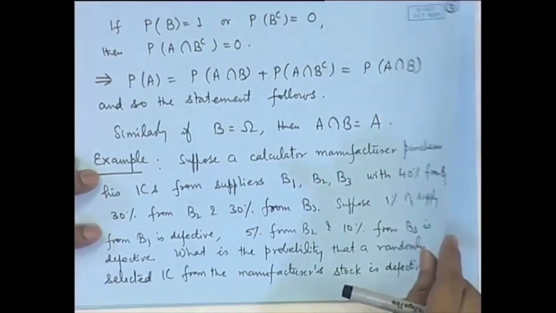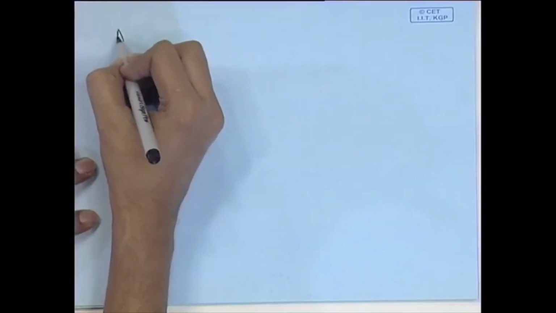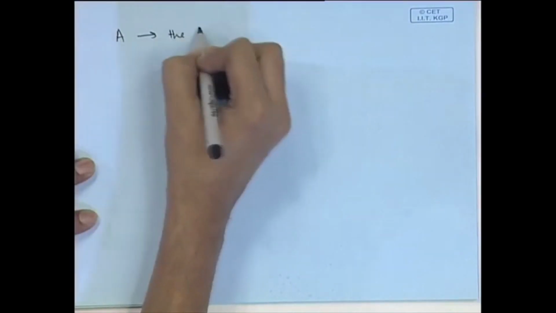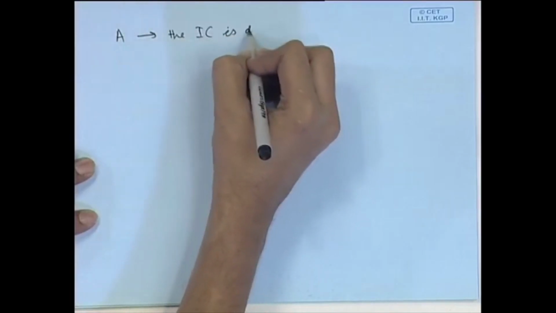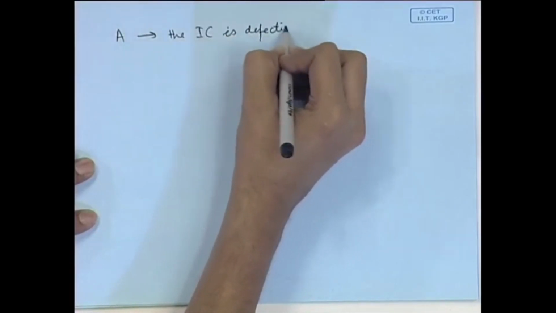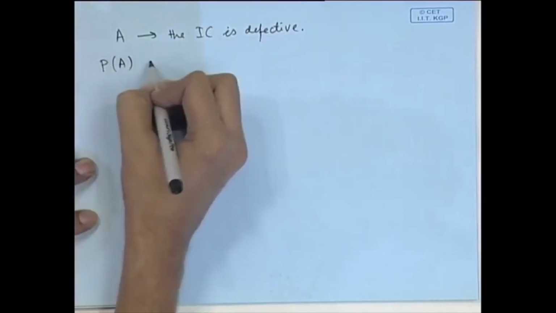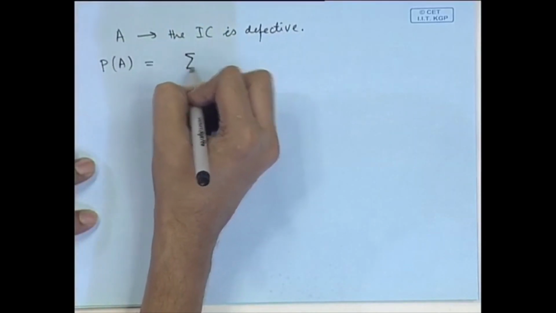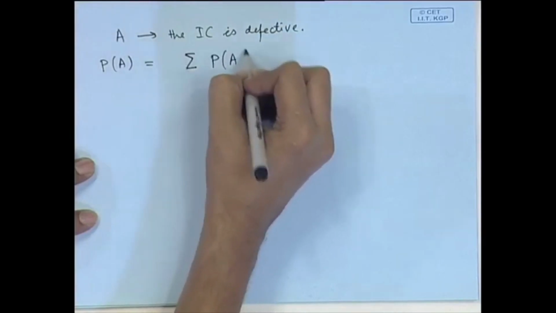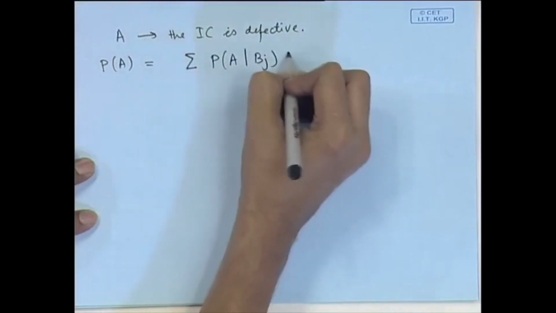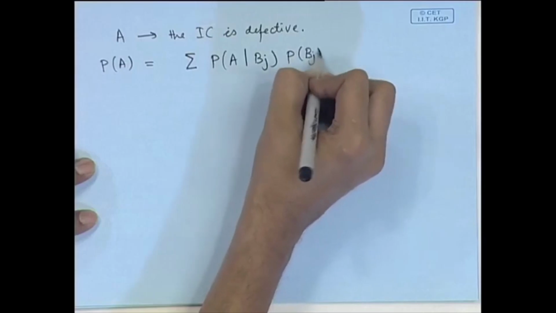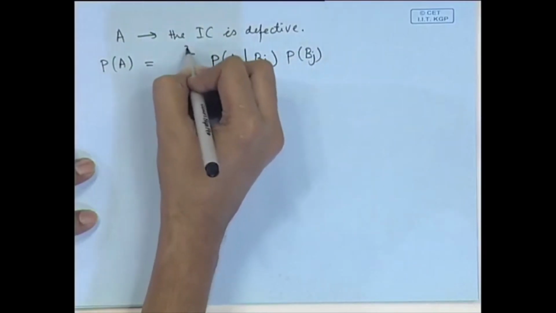Now, here if we consider the event say A, that the IC is defective, then probability of A can be represented as sigma probability of A given Bj into probability of Bj, j equal to 1, 2, 3.